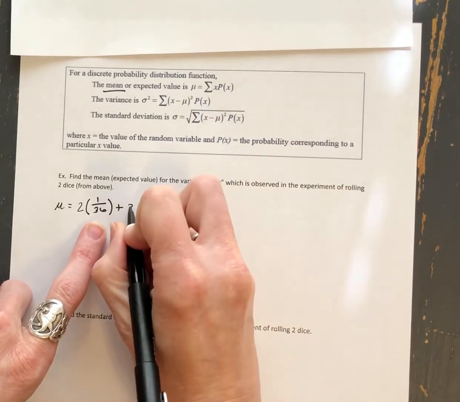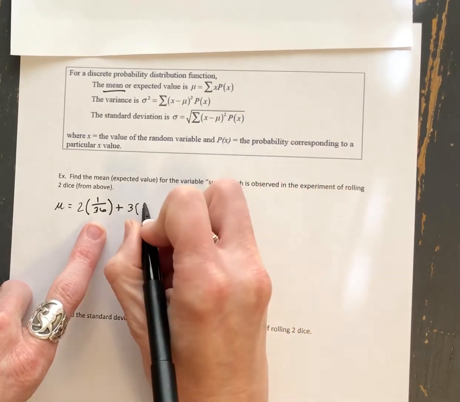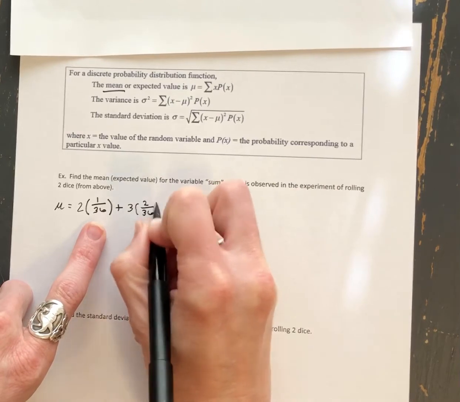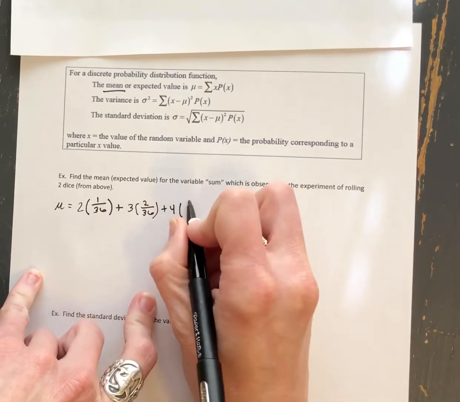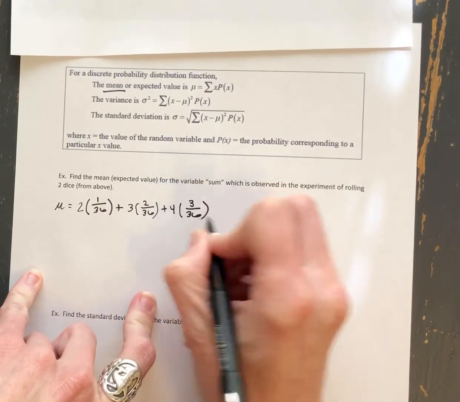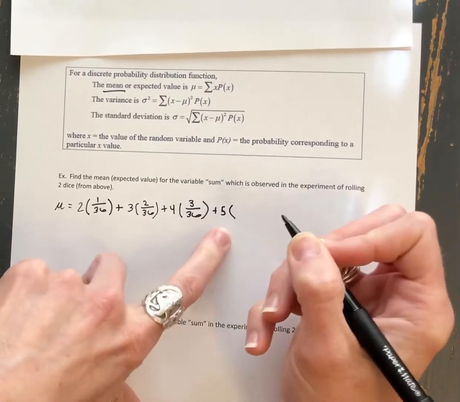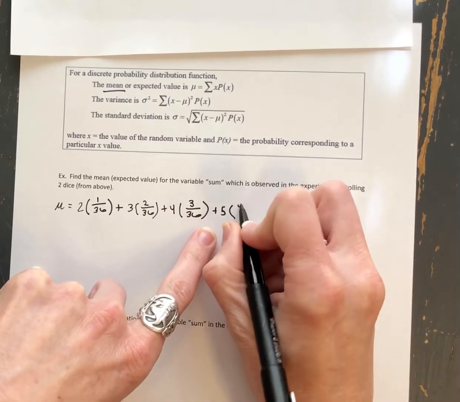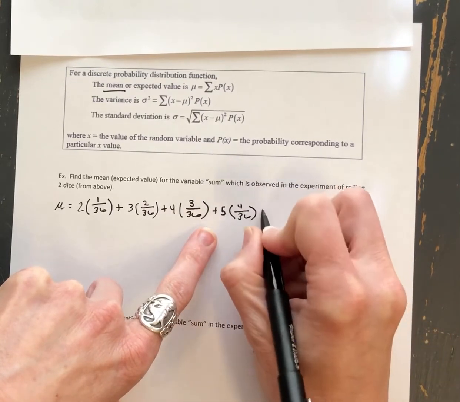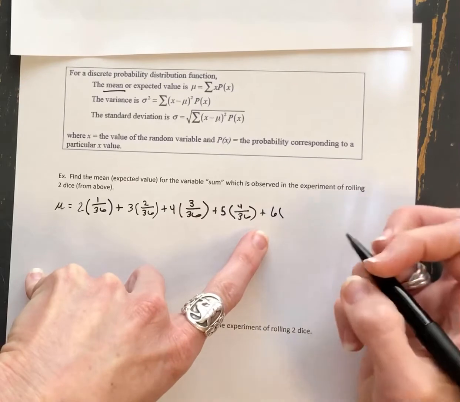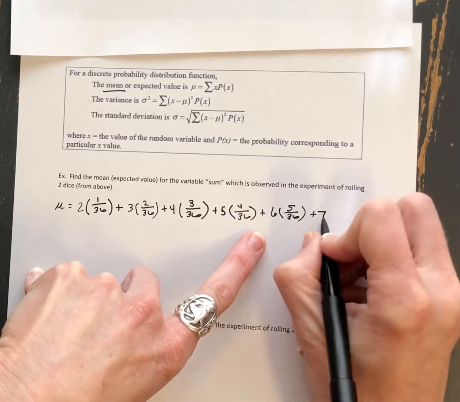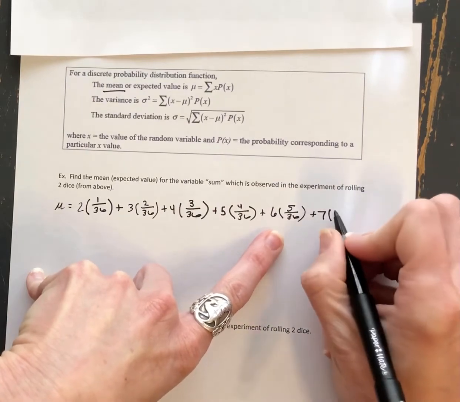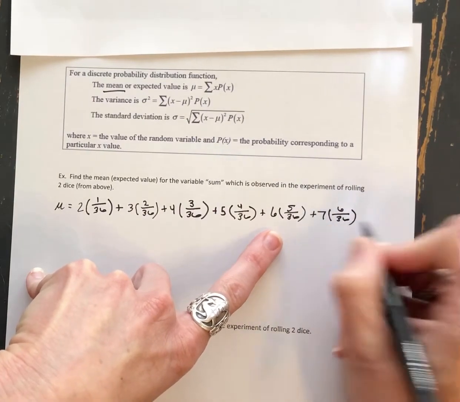So a sum of 3 had a probability of 2 out of 36. A sum of 4 had a probability of 3 out of 36. A sum of 5 had a probability of 4 out of 36. A sum of 6 had a probability of 5 out of 36. A sum of 7 had a probability of 6 out of 36.